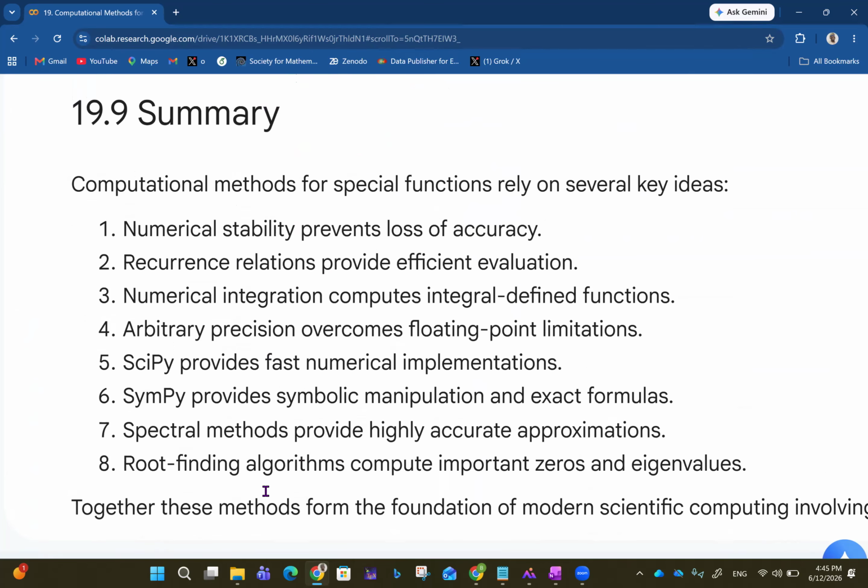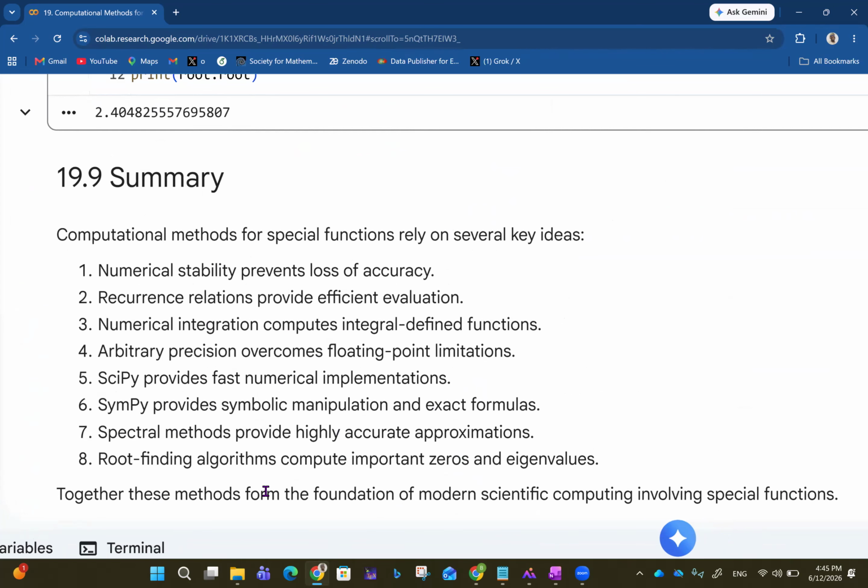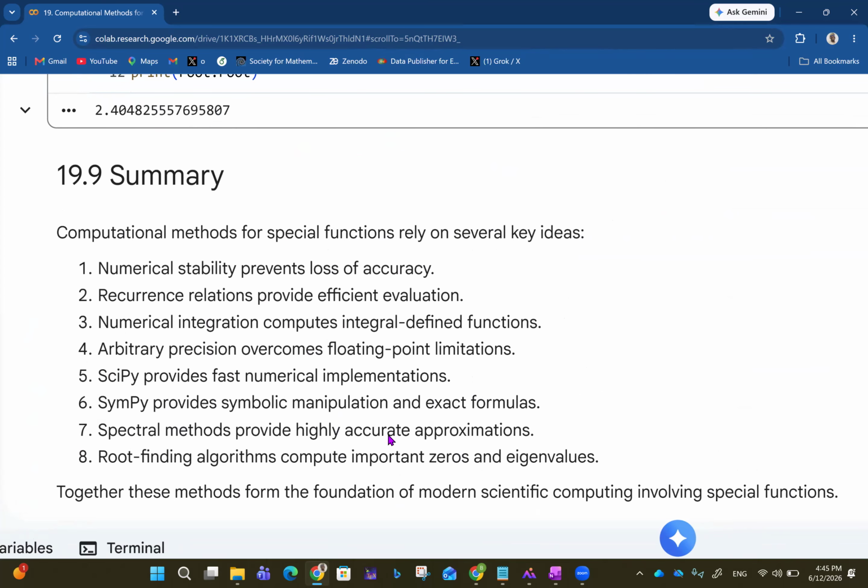So in summary, computational methods for special functions rely on several key ideas. First of all, numerical stability prevents loss of accuracy. Recurrence relations provide efficient evaluation. Numerical integration computes integral defined functions. Arbitrary precision overcomes floating point limitations. SciPy provides fast numerical implementations.